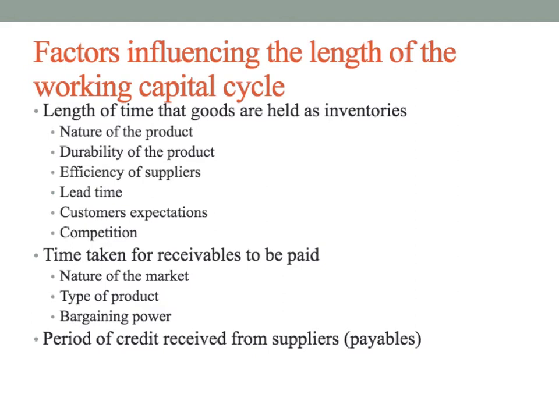So if they're offering 28 days, you'll have to offer 28 days because it's just too easy for them to go somewhere else. But then you could also think about what is the credit period that you get from your suppliers. You want to have a good credit history. You don't want to annoy them. Because remember, if you delay your payment, they might just say, well, I'm sorry, I'm not giving you any more credit. So it's important to try and think about those things.